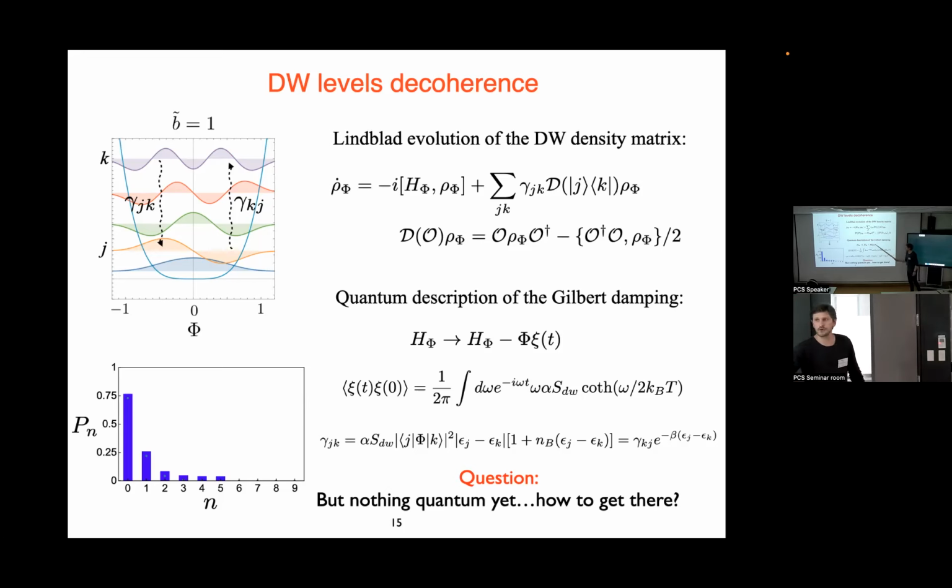And we describe this in a minimalistic way by just quantizing the Gilbert damping in this form. So we're not interested in doing something microscopic, but that's very similar again to what we're doing. However, we're not focusing only on the two levels, we're focusing on all the levels of the domain wall. Still nothing quantum.